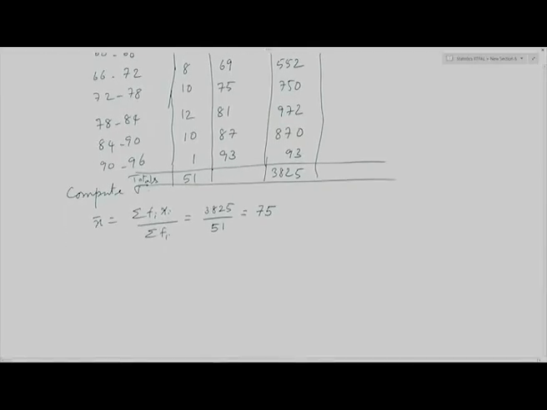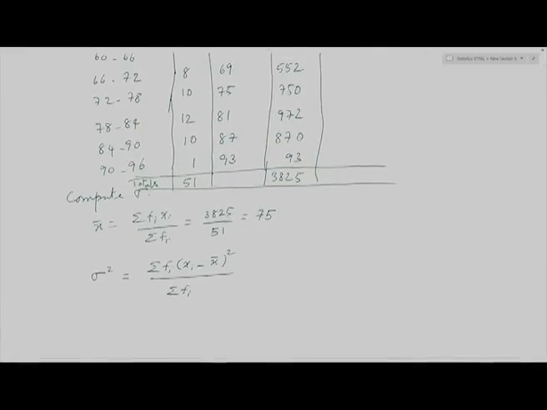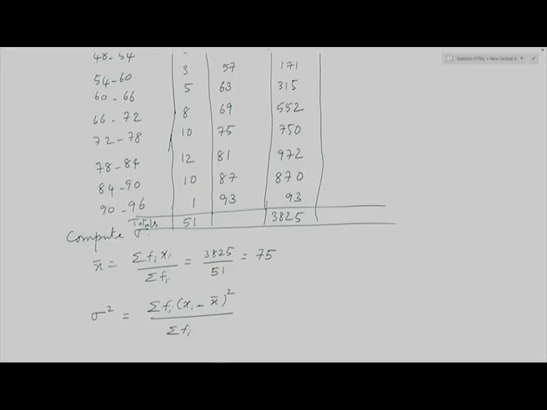Now I am using this formula for standard deviation. We know that sigma square, the variance, is equal to sigma fi times xi minus x bar whole square, divided by sigma fi. Then to find the standard deviation, I take the square root of that. What we need is xi minus x bar, multiplied by fi and summed.